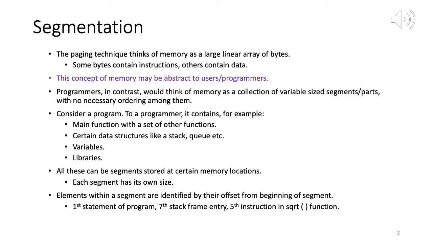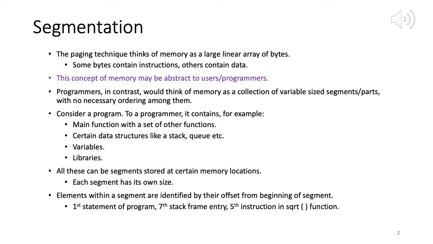Okay. So consider a program. To a programmer it contains, for example, a main function, of course the driver, with a set of other functions that it calls. Other parts of the program could be certain data structures which are used, like a stack or queue. And you can have variables, libraries, symbol tables and so on.